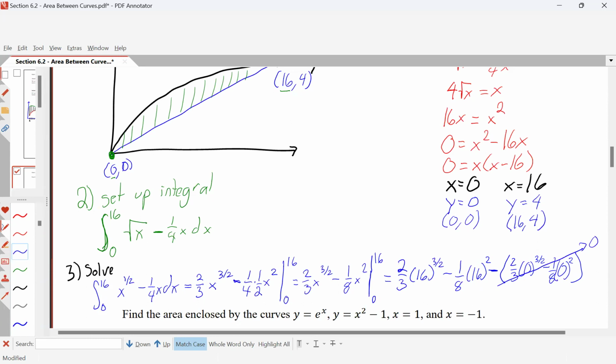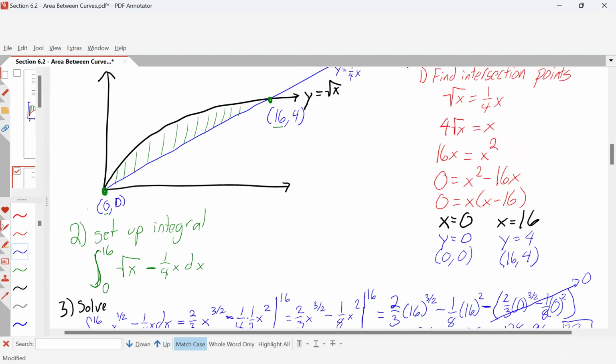And then working out these two pieces, we get 2/3 times 64 minus 32, which is 128/3 minus 96/3, and 128 minus 96 gives us 32 thirds as our final area between those two curves, square root x and 1/4 x.